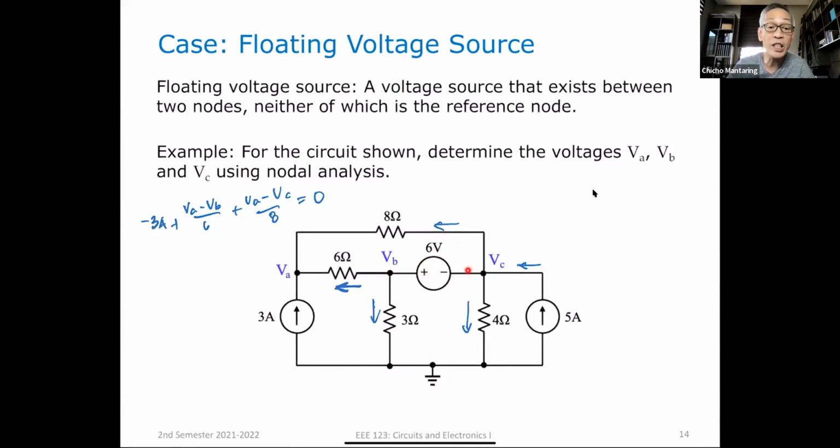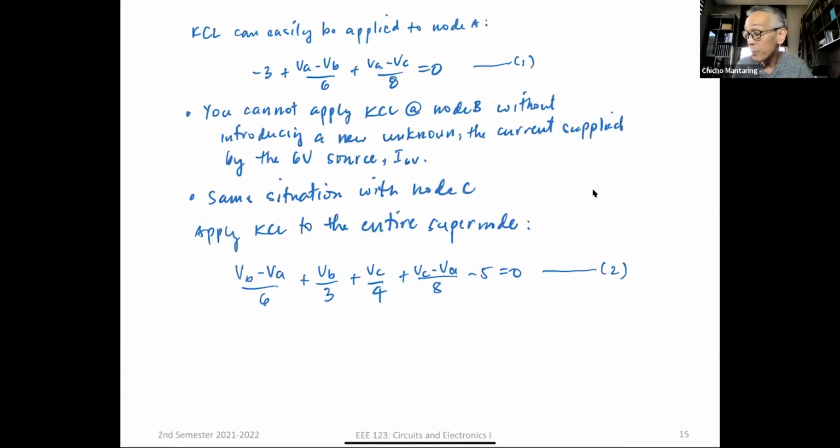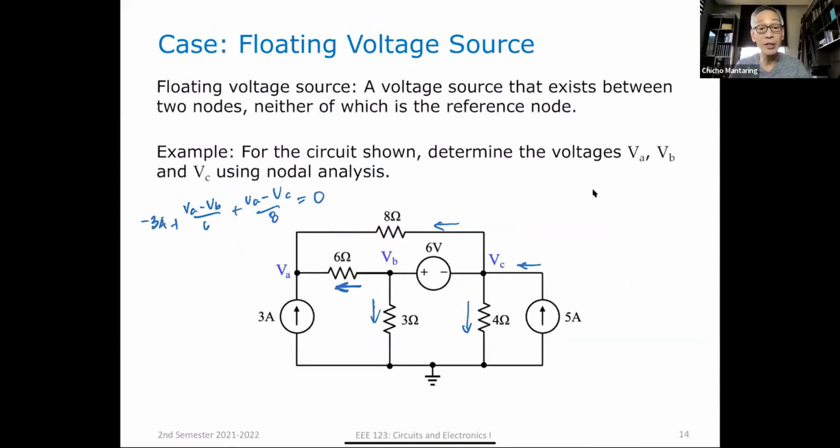If I put this voltage source between node B and C, automatically the difference between VB and VC would be 6 volts. So that is my third equation: VB minus VC is equal to 6.